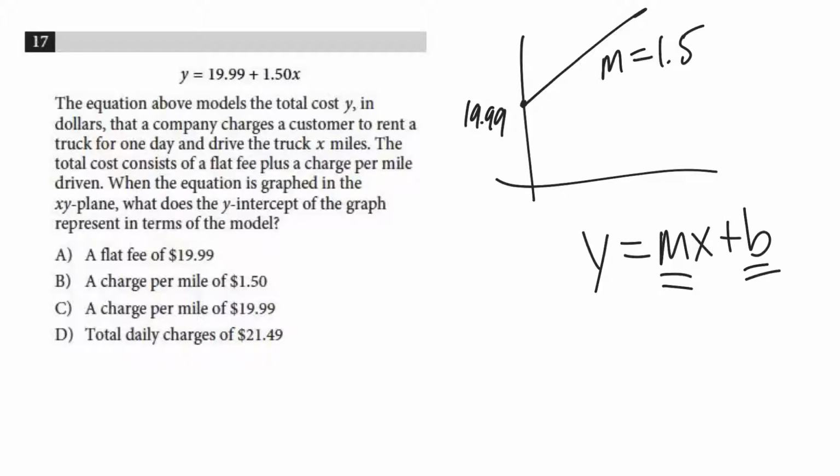And we want to know what the y-intercept, sorry, read this again. When the equation is graphed in the xy plane, what does the y-intercept of the graph represent in terms of the model? Well, it represents the flat fee. Okay, it's the 19.99 at the 0 mile mark. A.